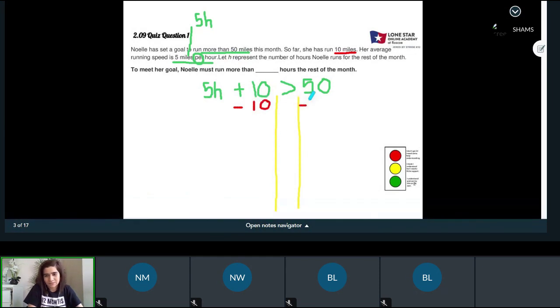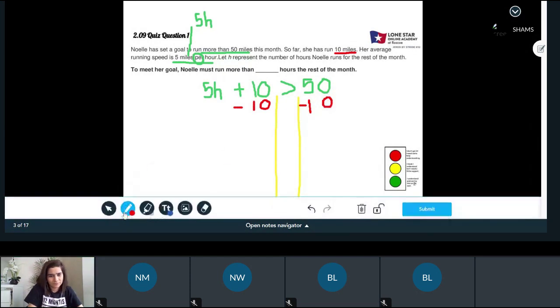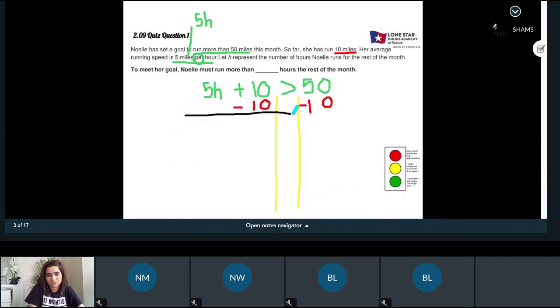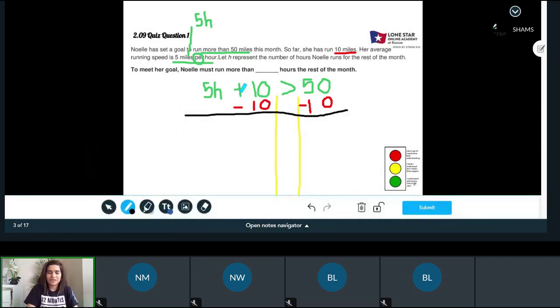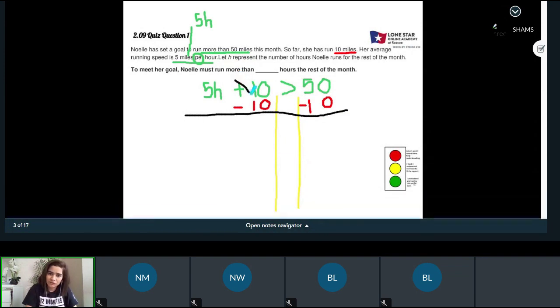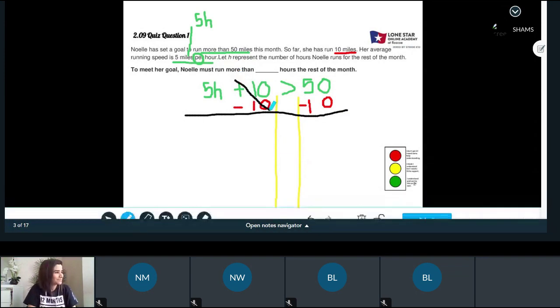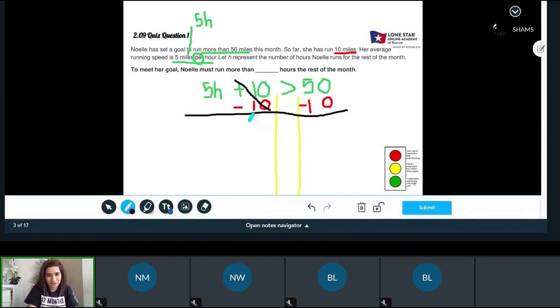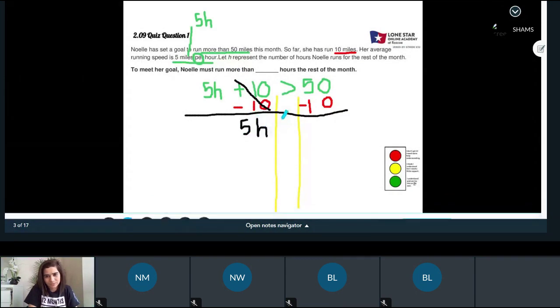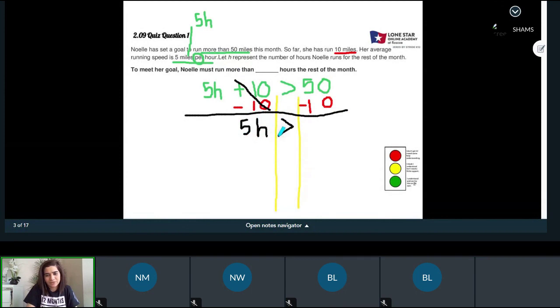And then let's see how the inequality looks. On the left side, the plus 10 and the minus 10 cancel off and become 0. Then you are left with 5h. And you have the greater than symbol. And 50 minus 10 is 40.